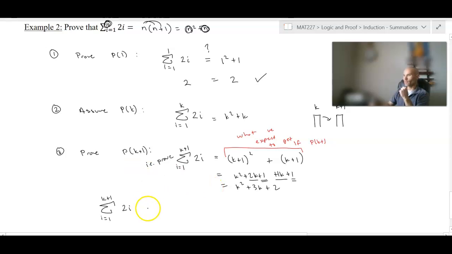Well, how do we proceed from here? The first thing we need to think about is, what does this mean? Well, this means I'm going to add 2 plus 4 plus dot dot dot up to the kth even integer. And the reason I want to do that is because I want to use this formula. We already know that the sum of the first k even integers is k squared plus k. So this will go all the way up to 2 times k.